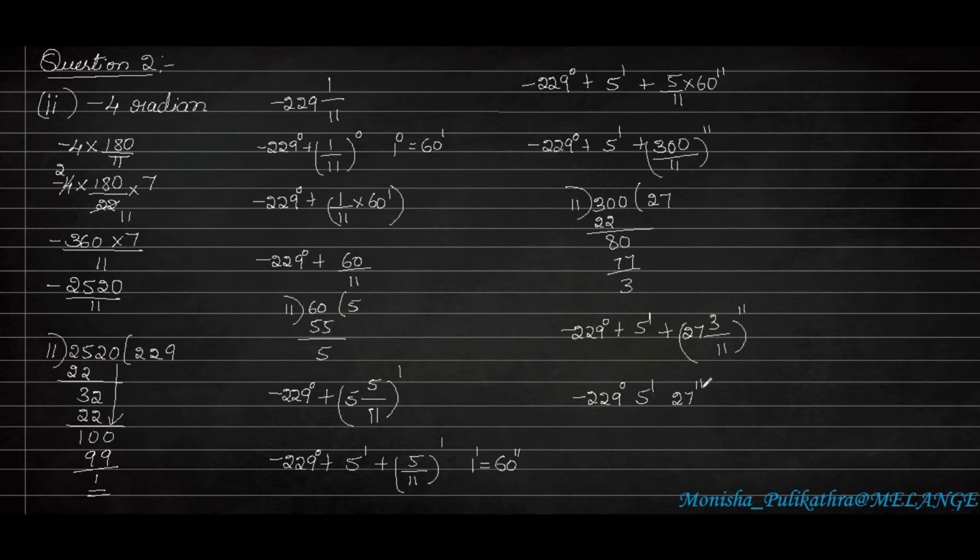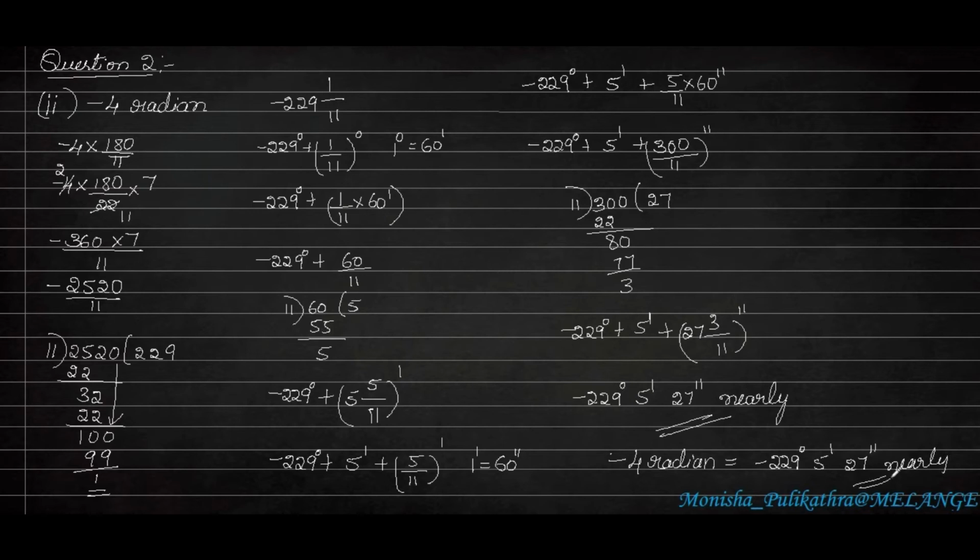So 27 seconds you can stop here and write it as nearly, because 27 3 by 11 seconds is existing. So we can write minus 229 degree 5 minutes and 27 seconds nearly or approximately. So this is the degree measure of minus 4 radian. So minus 4 radian is equal to minus 229 degree 5 minutes 27 seconds nearly.